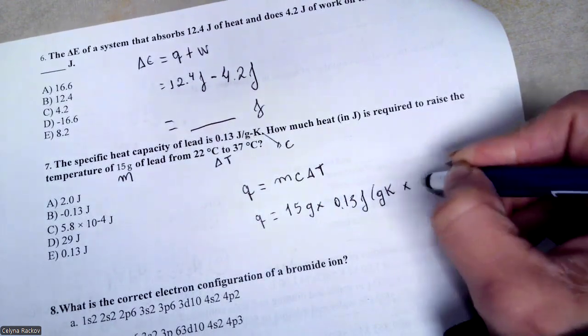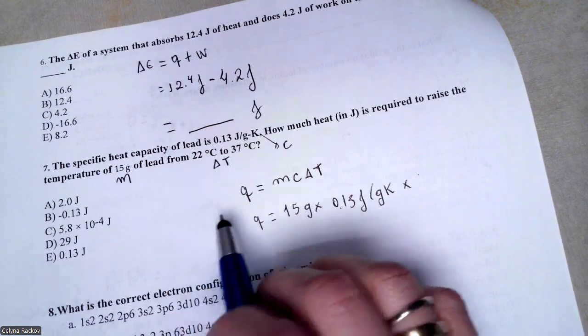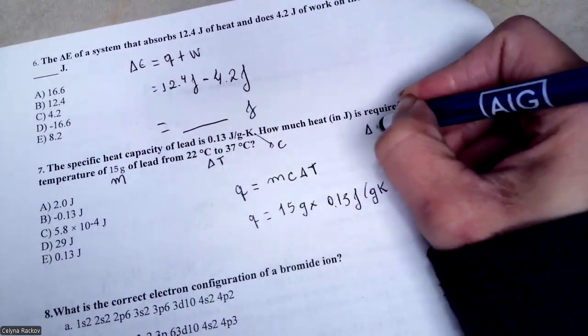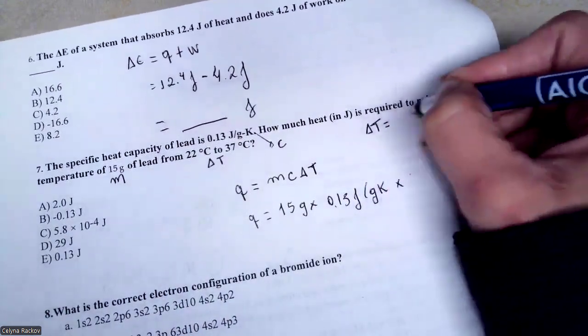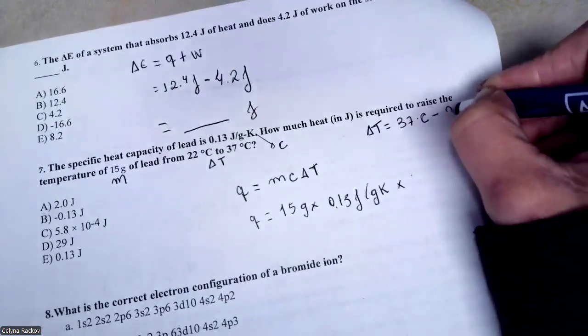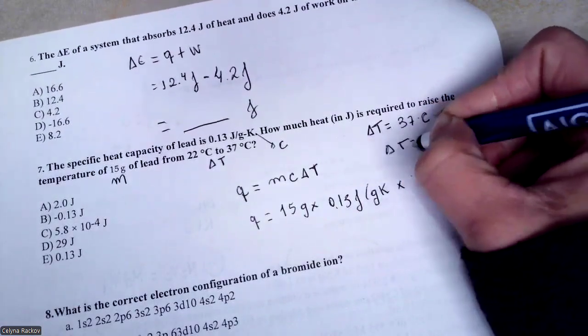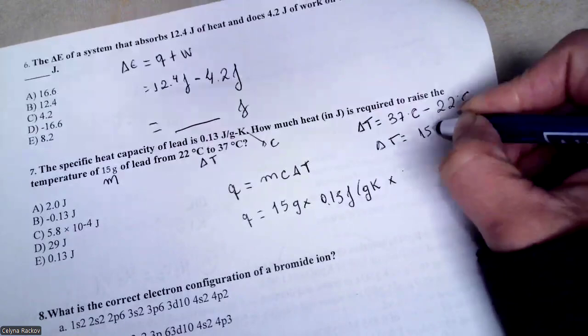And delta T is a subtraction, 37 minus 22, right? Delta T will be equal to 15 degrees Celsius.